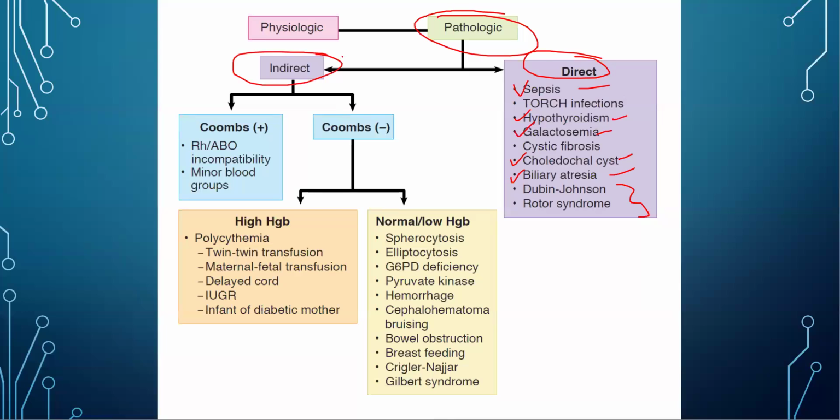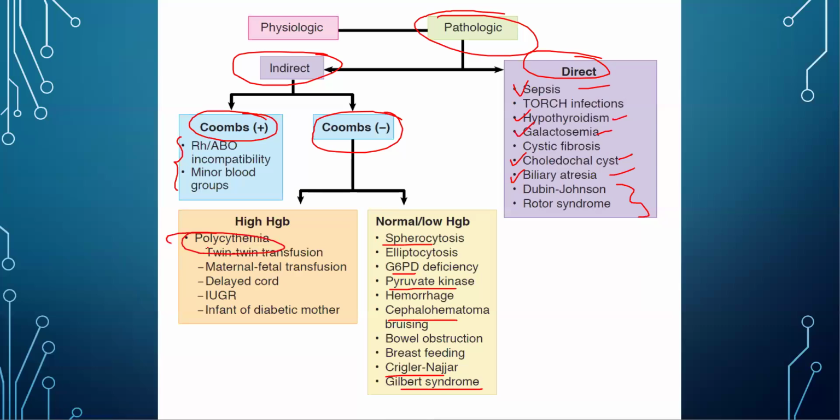It's not very hard to diagnose the cause of direct hyperbilirubinemia. But if it is indirect hyperbilirubinemia, then you do the Coombs test. If Coombs positive, then it is either ABO incompatibility or Rh incompatibility. If it is Coombs negative, then you know that it can be a lot of other conditions. So it could be spherocytosis, G6PD, pyruvate kinase, cephalohematoma, Crigler-Najjar or Gilbert syndrome.